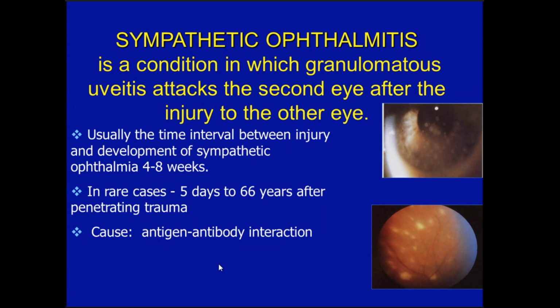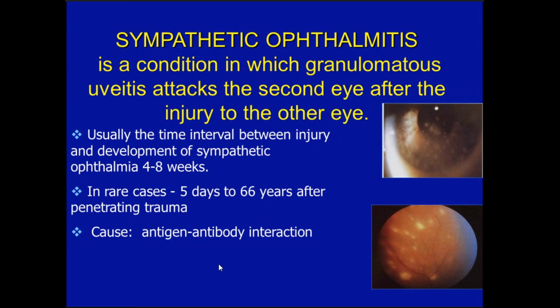And you can imagine how difficult and serious the situation is. We have one eye with bad vision after the trauma, and after 2-3 months or even years, the other healthy eye becomes sick.